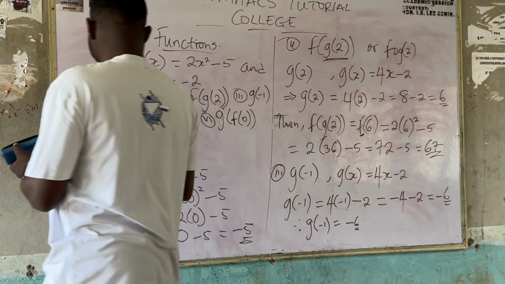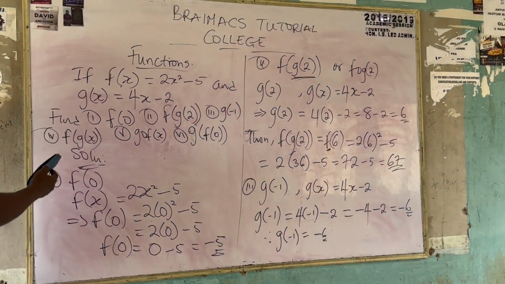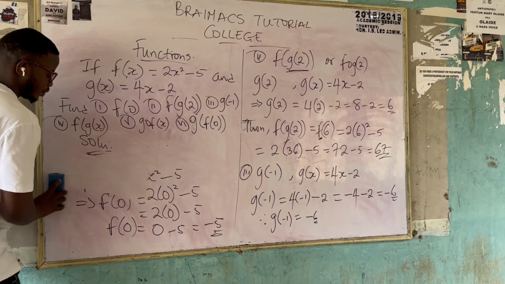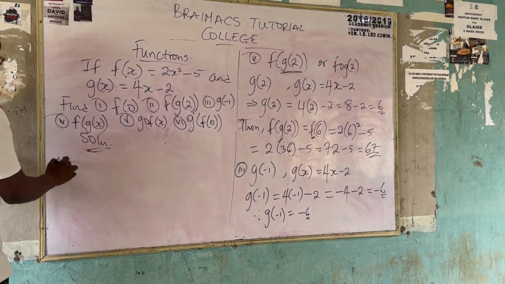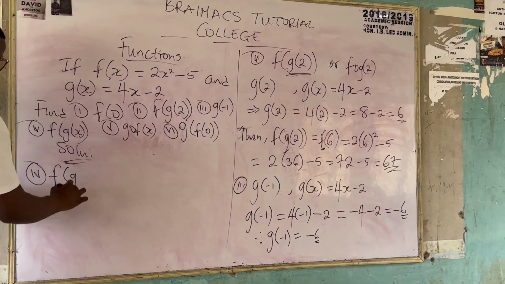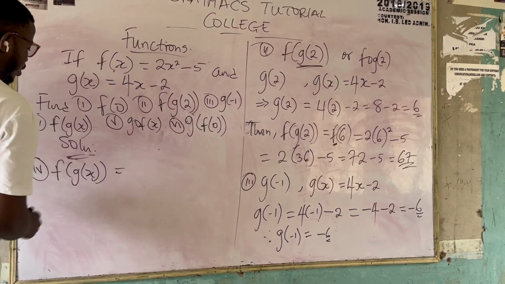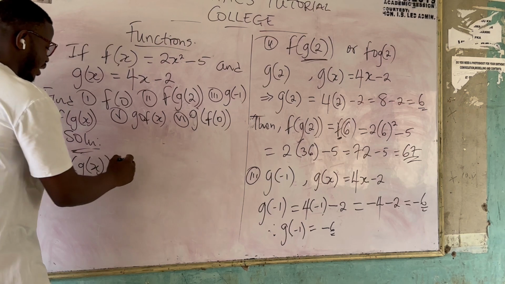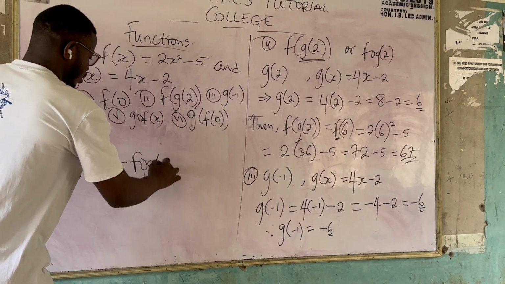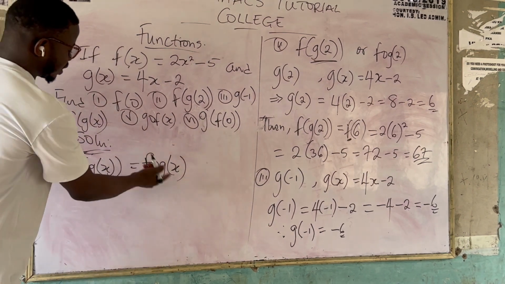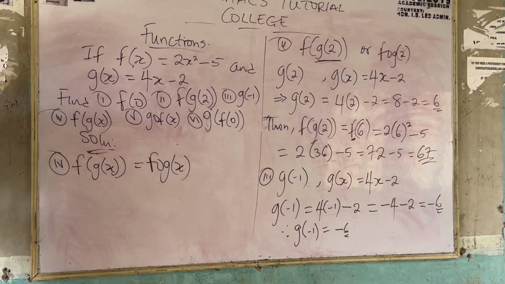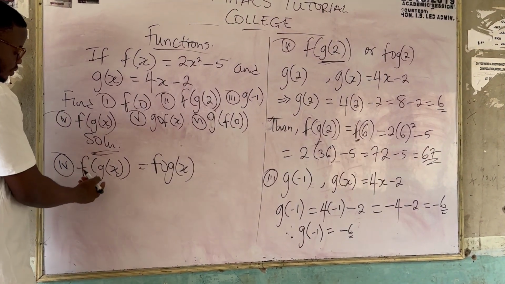And the next question that we have here is f of g of x. So that's the fourth question. To obtain f of g of x, we can also rewrite this as fog x. So f of g of x can also be written as fog x.